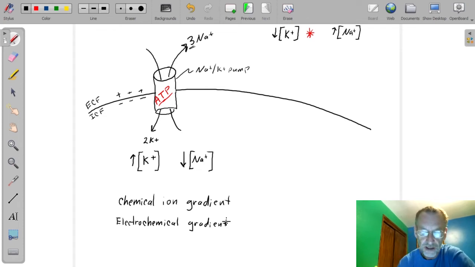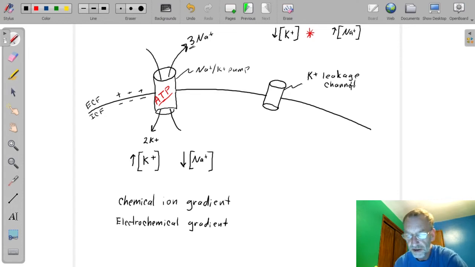Most of that resting membrane potential, though, is going to come from potassium leakage. So I'm going to put in another major piece of this story, which are the potassium leakage channels. And we'll label this a potassium leakage channel.